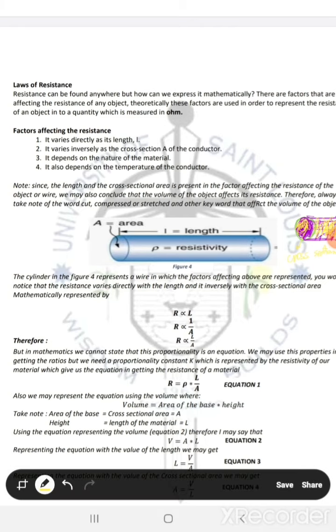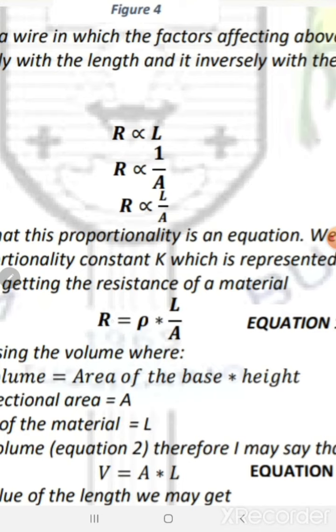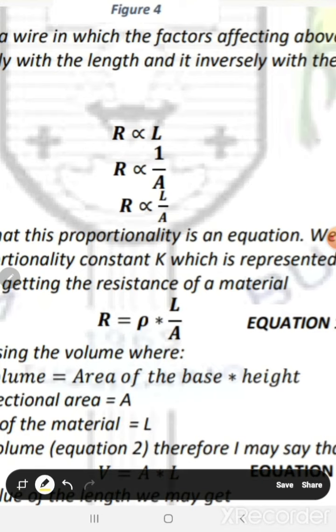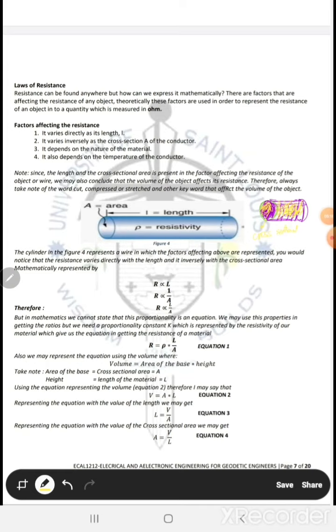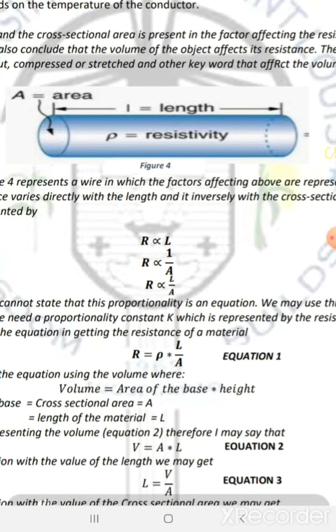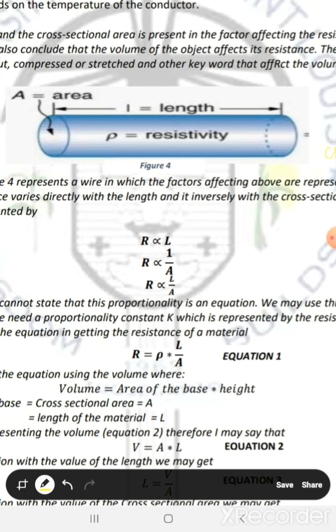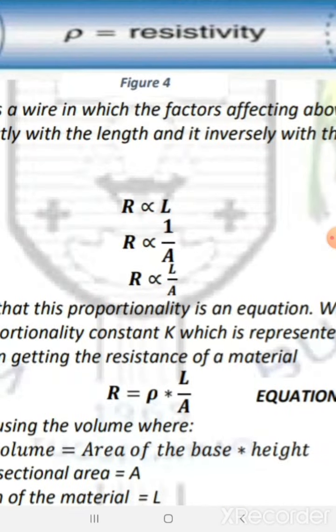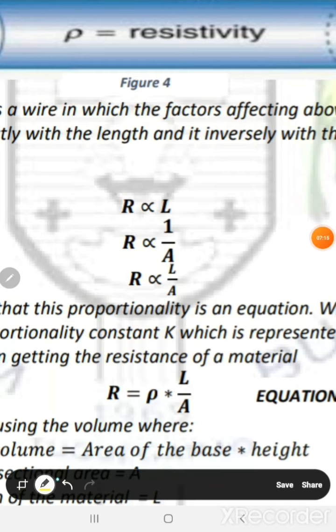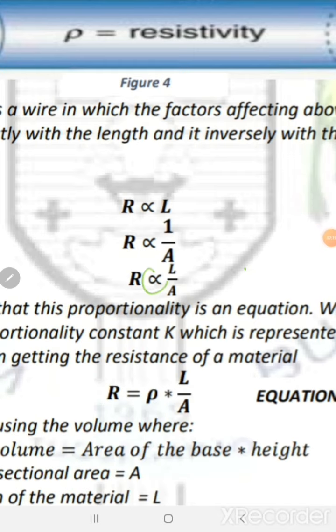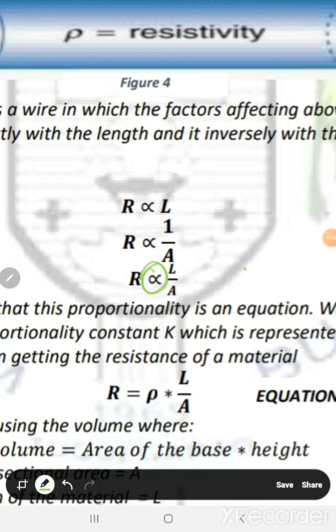Okay? So we are relating our loss of resistance into rho, R is equal to rho multiplied by L over A. Okay? Your R is proportional to L and it is inversely proportional to area. So therefore, I may say that it is proportional to L over A. Right? But take note that when you are using your proportionality sign para gawin yung equal, kailangan mo ng constant.